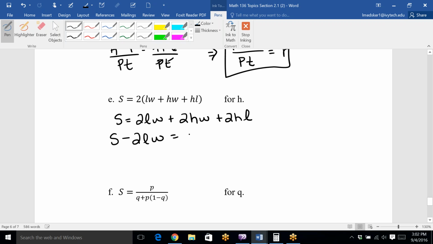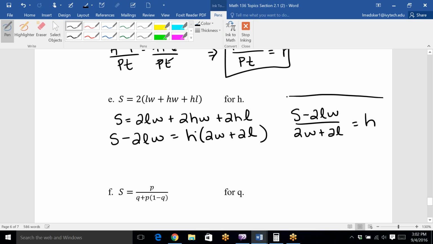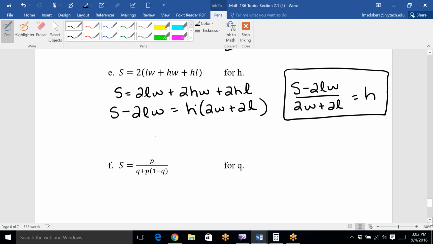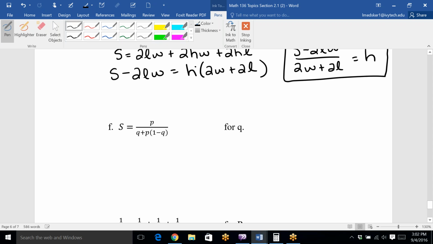Now I can pull the h out of that pair, and that would leave me with a 2W and a 2L. And then I can divide that over. So I would have S minus 2LW over 2W plus 2L equals little h. So again, this is just moving things around and getting something isolated.